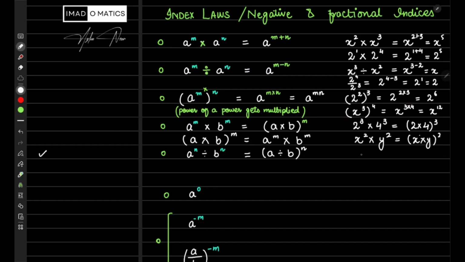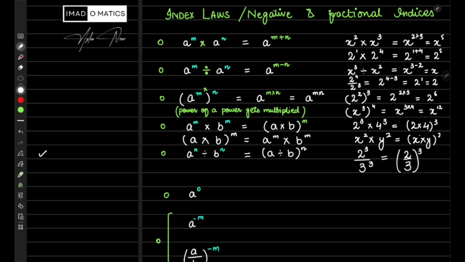So let's take an example: 2 to the power 3 divided by, sorry, we should have different bases, so 3 to the power 3. Same powers, different bases, so you can write it as 2 over 3 whole power 3.